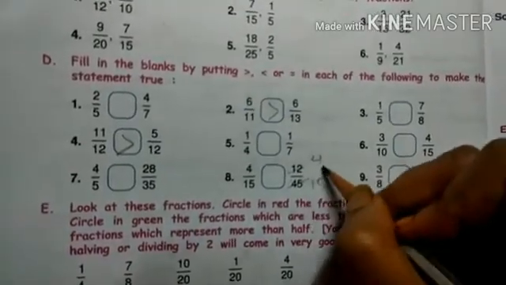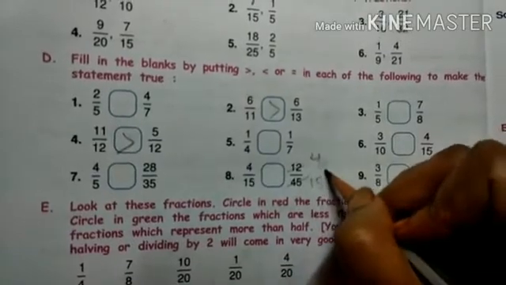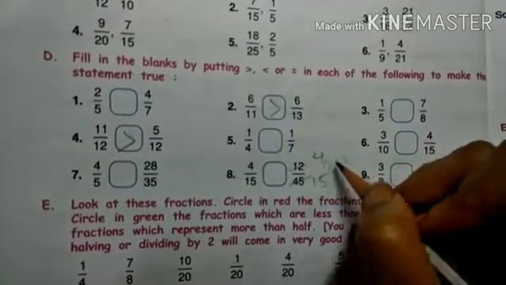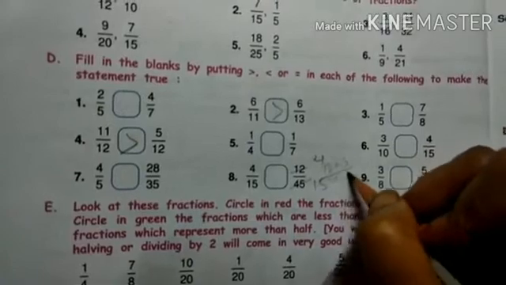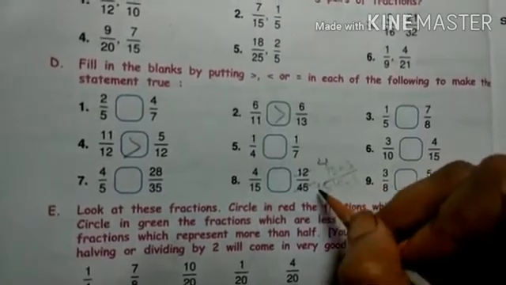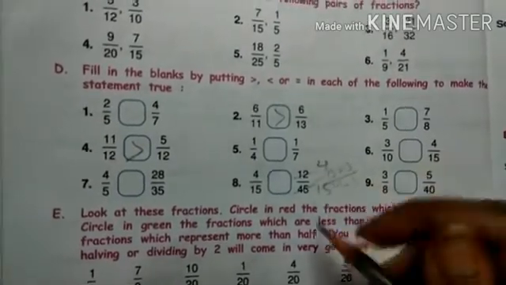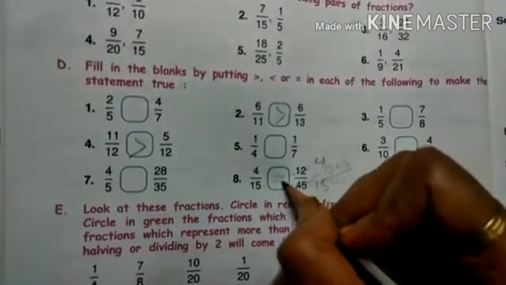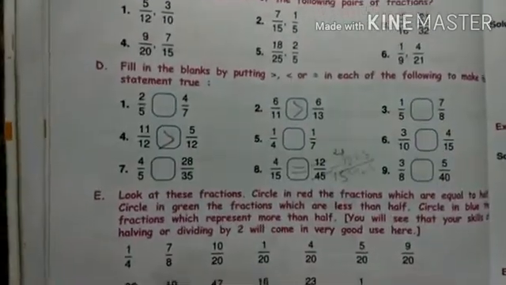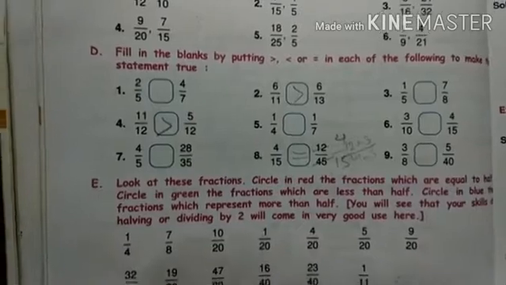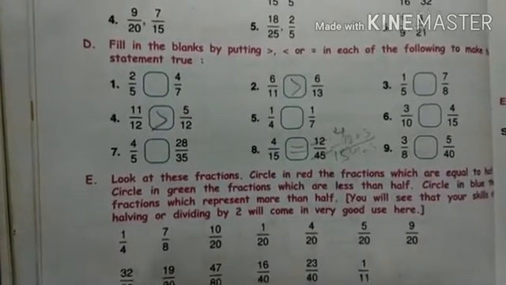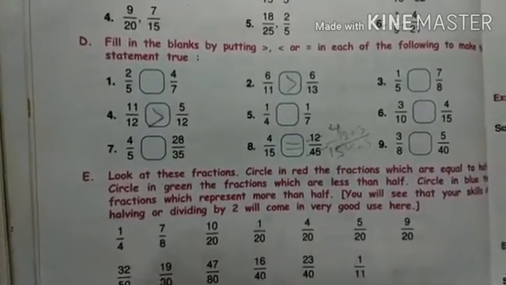If you divide the numerator and the denominator both by 3, 12 divided by 3 is 4, and 45 divided by 3 is 15. So 4 by 15 is equal to 12 by 45.